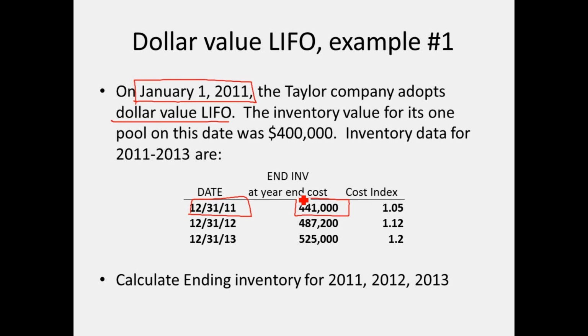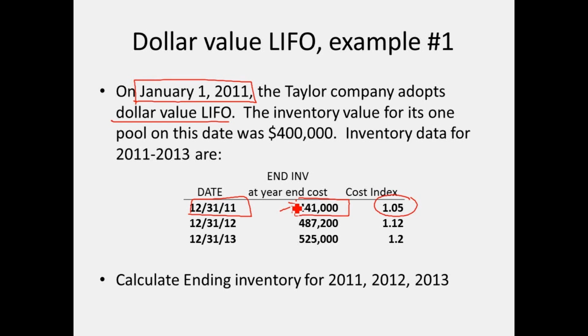Now, suppose I tell you, well, not only did the value of your inventory go up, but by the end of this year, prices were 5% higher than they were in the previous year. So now you have a harder time because you don't know whether inventory has gone up or not.